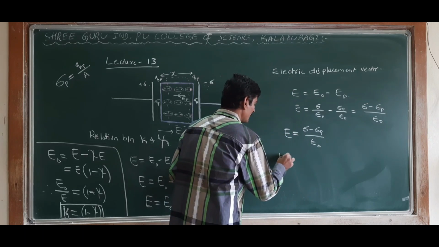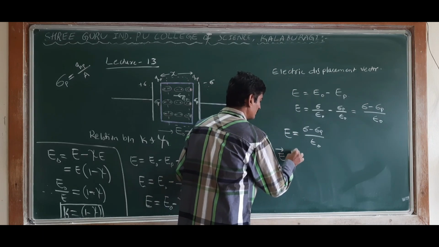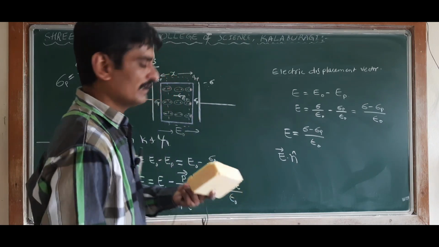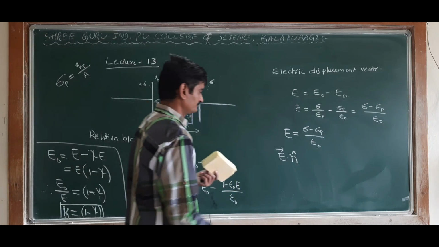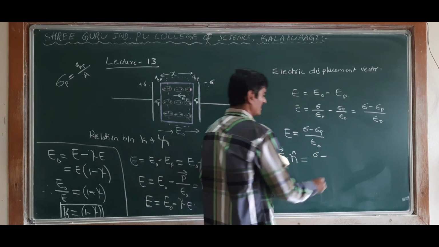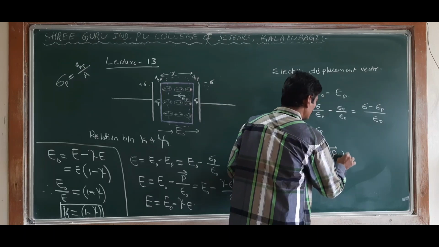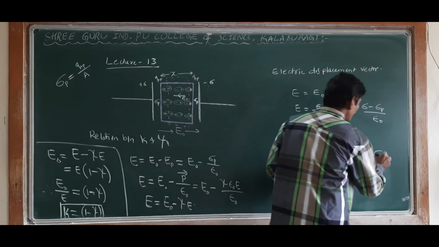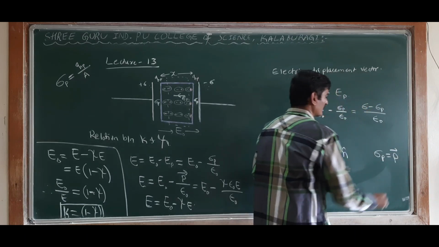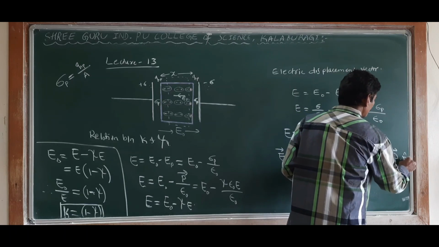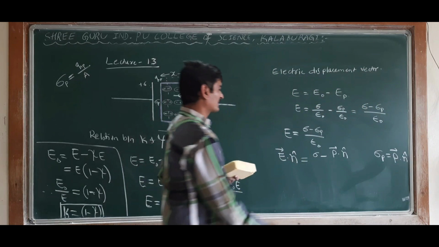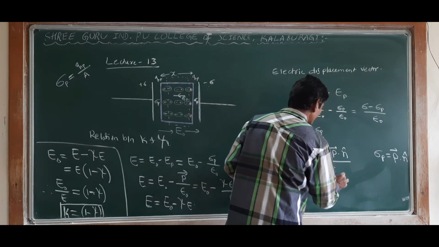This E can be written as vector E dot n cap, where n cap is the unit vector. Sigma P can be written as vector P dot n cap, where vector P is the polarization vector, with direction n cap. So vector P dot n cap divided by epsilon naught.